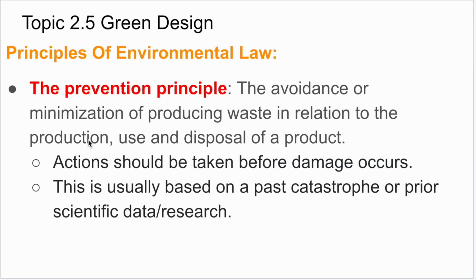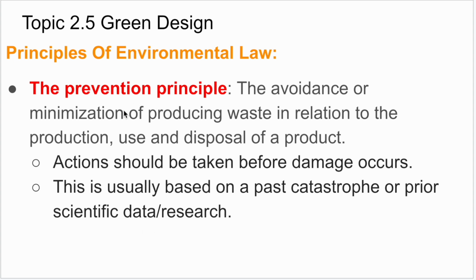The prevention principle is the avoidance or minimizing of producing waste in relation to production, use, and disposal of a product. So action should be taken before damage occurs. This is usually based on past catastrophic events or prior scientific data and research.